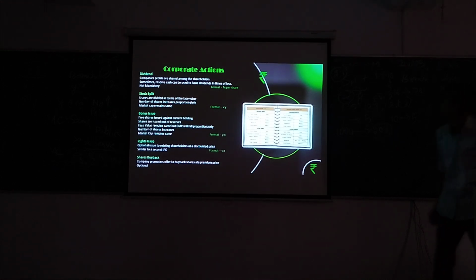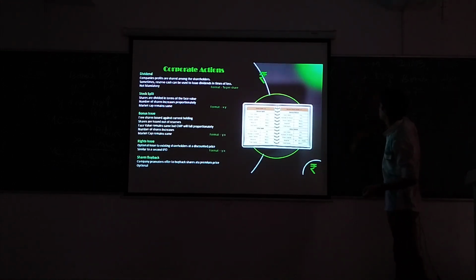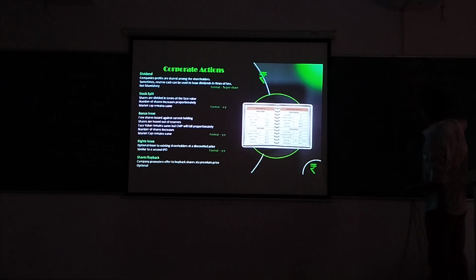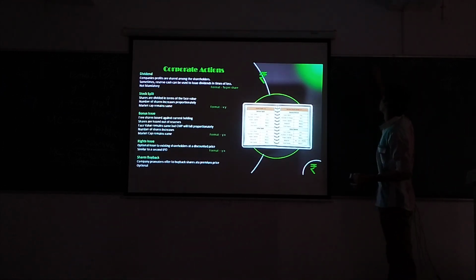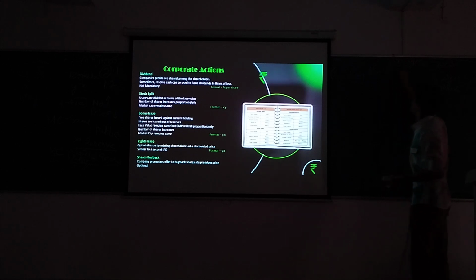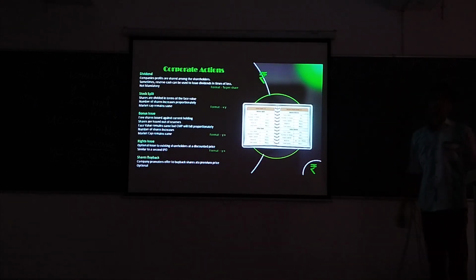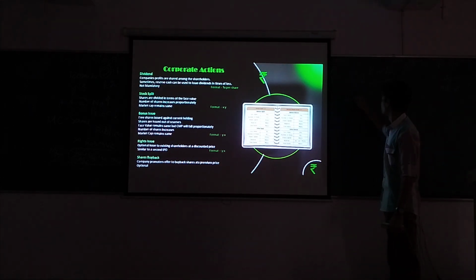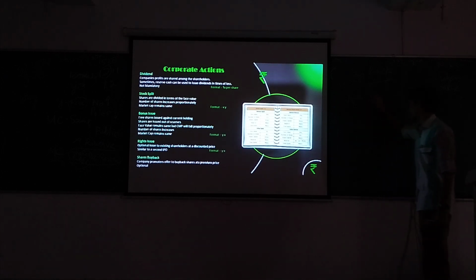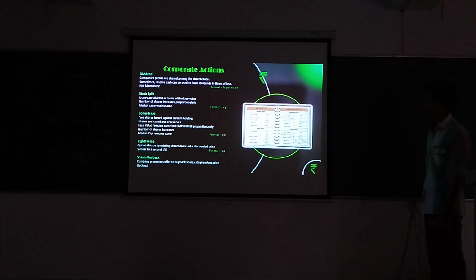Now we'll see what is a buyback, share buyback. From the term itself, we can understand that a buyback means the company is buying the shares back. Now let us say Wipro is being traded at 1200.